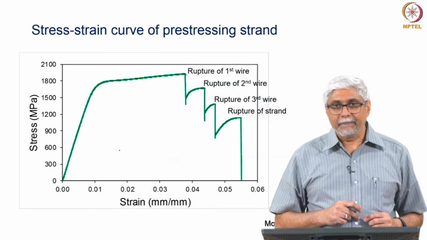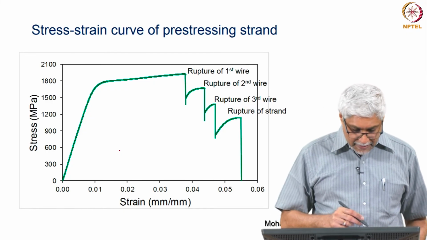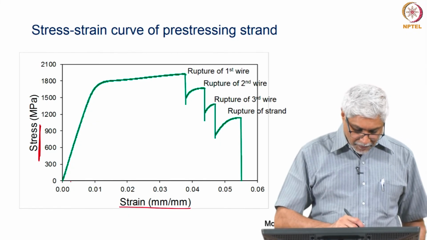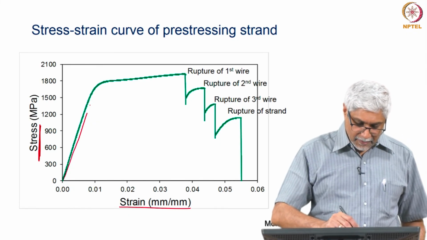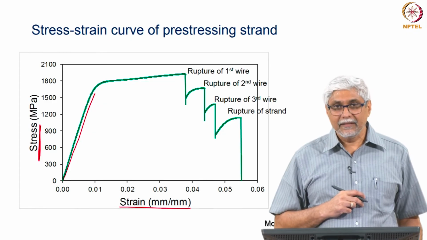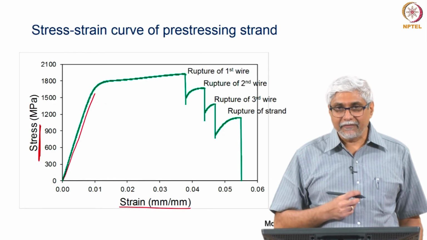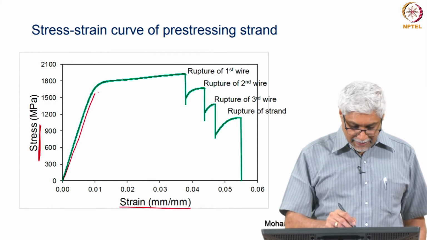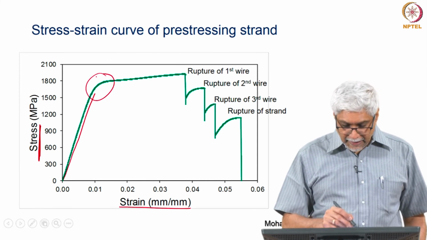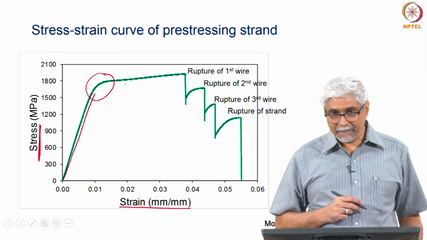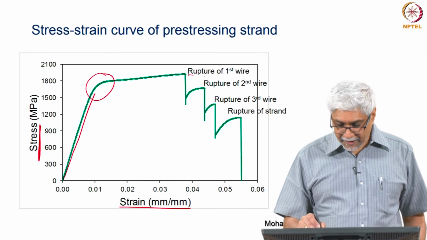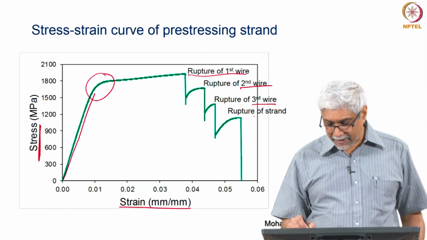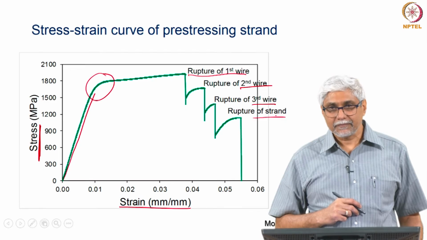This is a typical response that you would get. This is the stress strain behavior of the strand. You find a very nice elastic part as you would expect. That means that we are able to capture very nicely the elastic regime, then there is yield, then the load continues to increase until we have rupture of the first wire of the strand, second wire, third wire, and finally the whole strand ruptures.